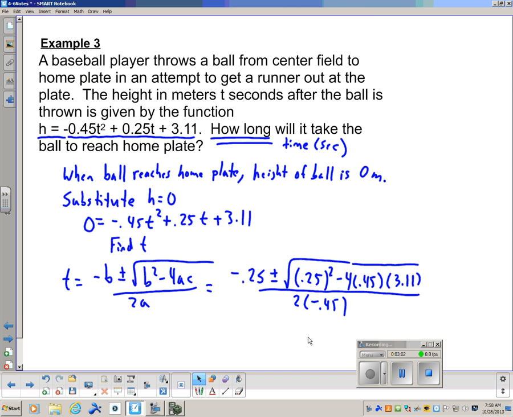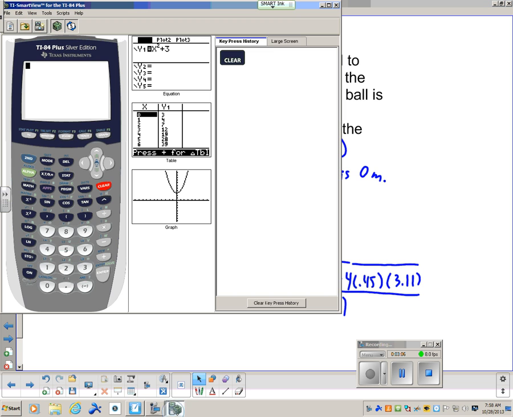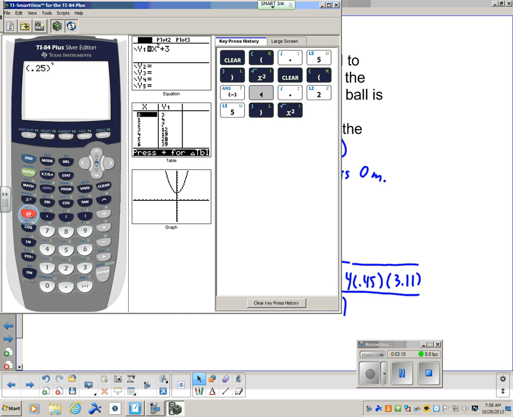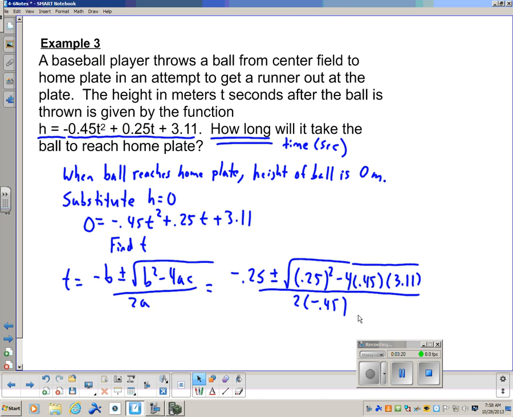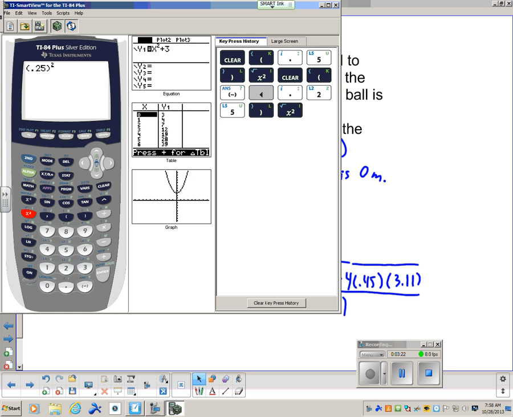So you got 0.25 squared minus 4 times a times c.